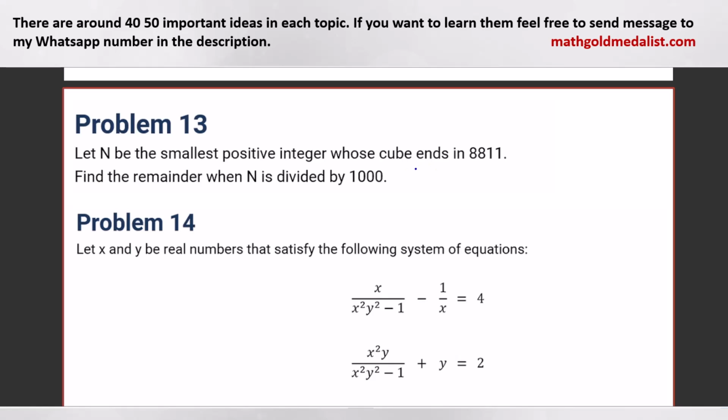Problem 13. For problem 13, because a cube number ends in this, we can say mod 10,000 is this. So mod 16 is 8811. You can simplify, and a cubed is 8811 mod 625.